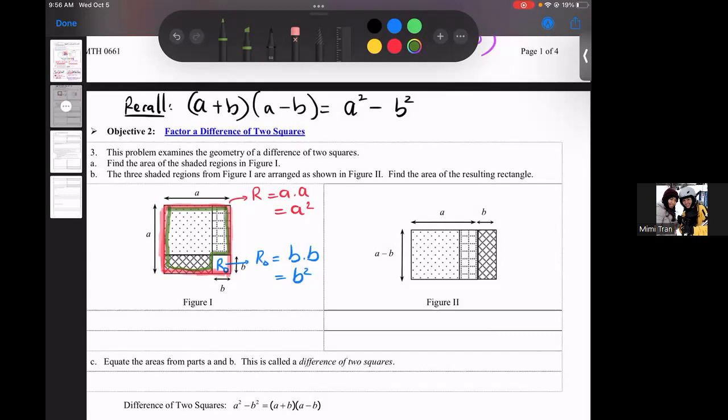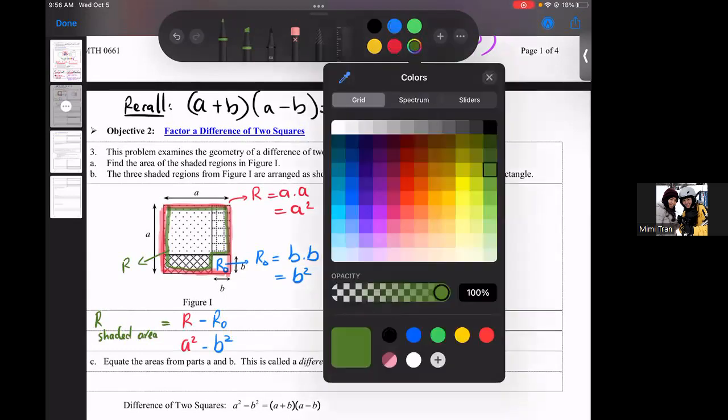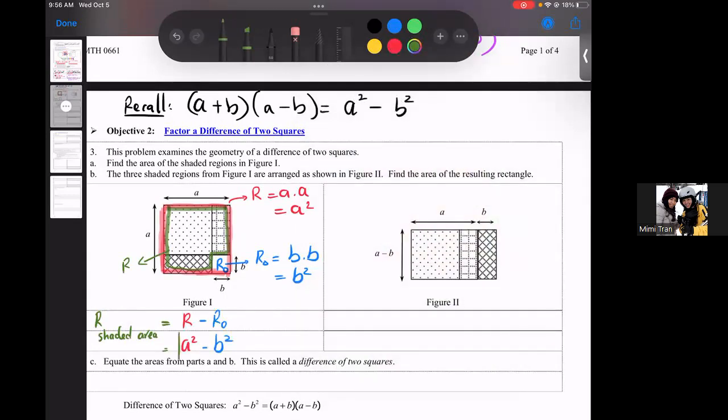So the green one, region R, the shaded area, is equal to the red one, a squared, subtract b squared. So we have on the right hand side, a squared minus b squared.